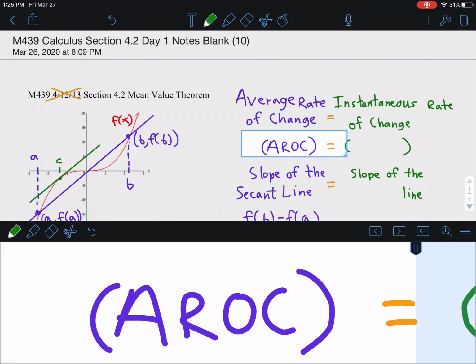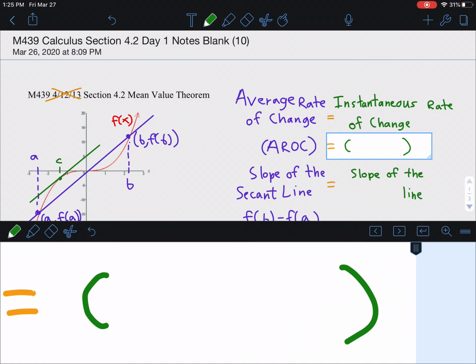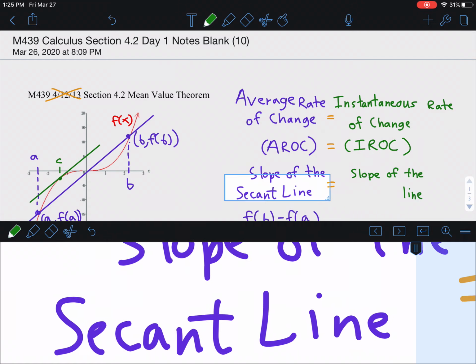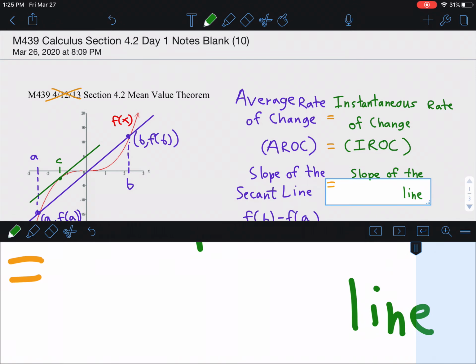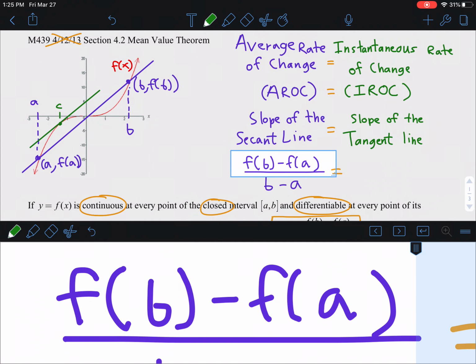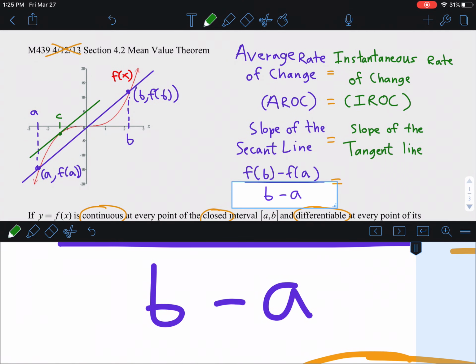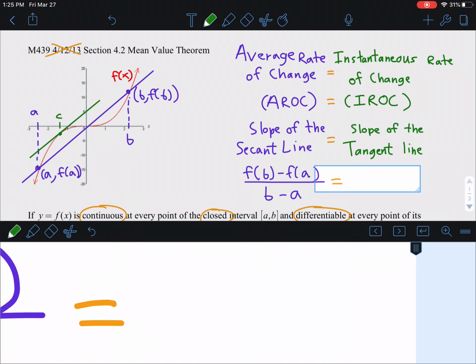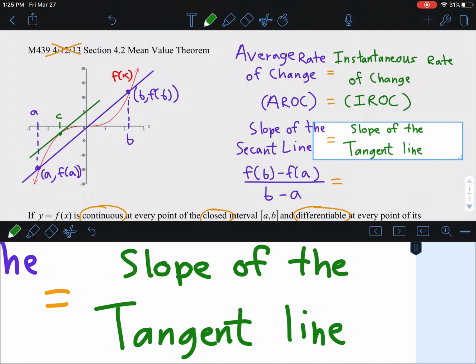There's some point C where the AROC is going to equal the IROC, where the slope of my secant line is going to equal the slope of my tangent line, where f of b minus f of a over b minus a is going to equal, how do I calculate the slope of a tangent line?